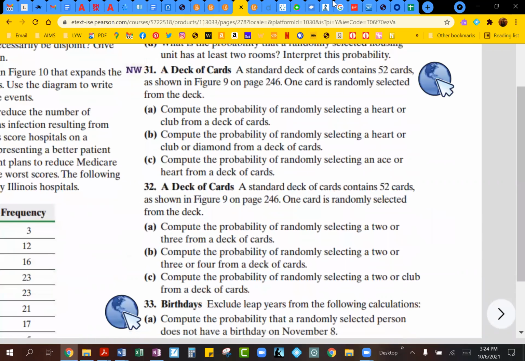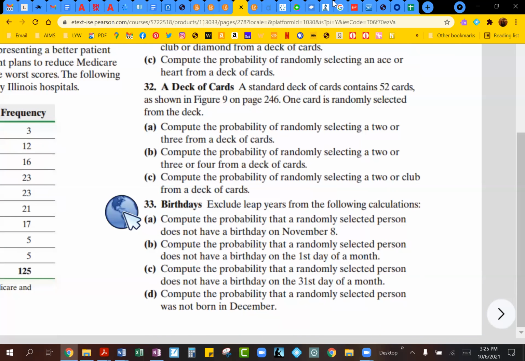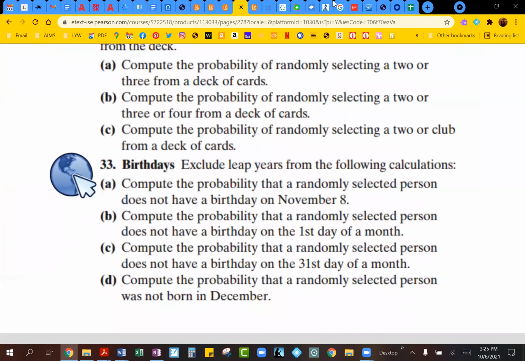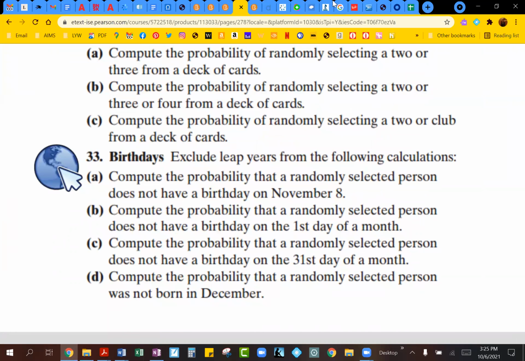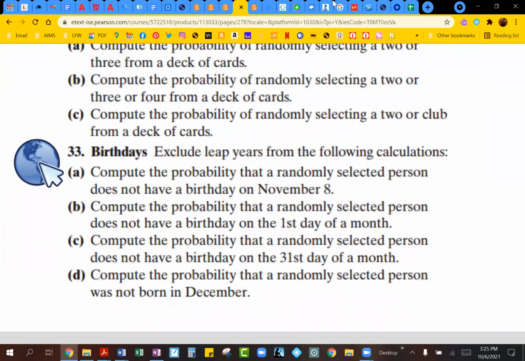Even with the card examples, I'm not seeing if they're telling us whether they put the cards back or not. Well, anyway, we'll take a look at this next set of examples over here.